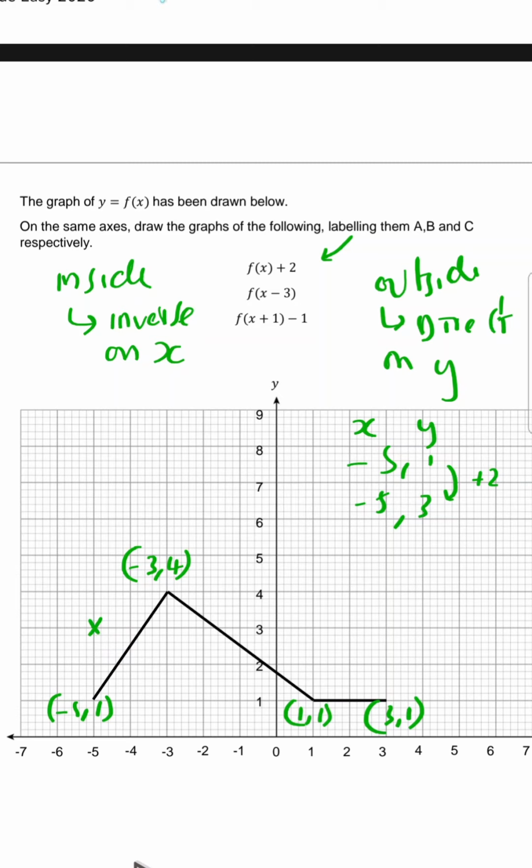The new point is there. I should probably use a different color. Okay, let's look at the next one, which is -3, 4 plus 2. So it becomes -3, 6. We're there now. Okay, let's rub this out, make some space.